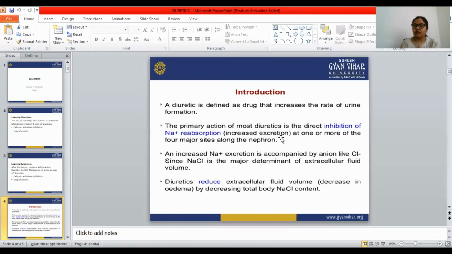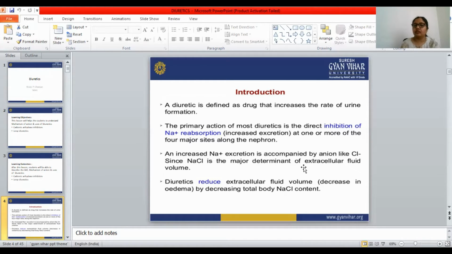When sodium reabsorption is inhibited, the sodium excretion is increased at one or more of the four major sites along the nephron. An increased sodium excretion is accompanied by an anion like Cl, since NaCl is the major determinant of the extracellular fluid volume.